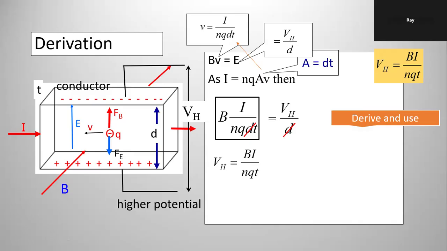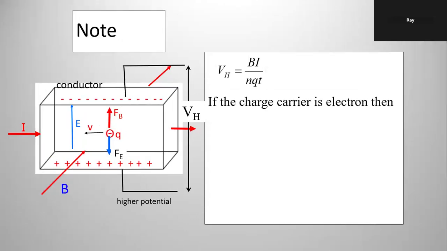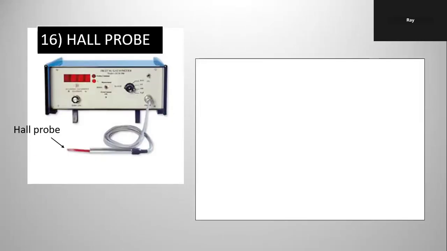You need to know how to derive and use it. Any questions? If it's an electron, we just replace Q with e. If the charge carrier is an electron, then we have BI over Net. That's how it looks.